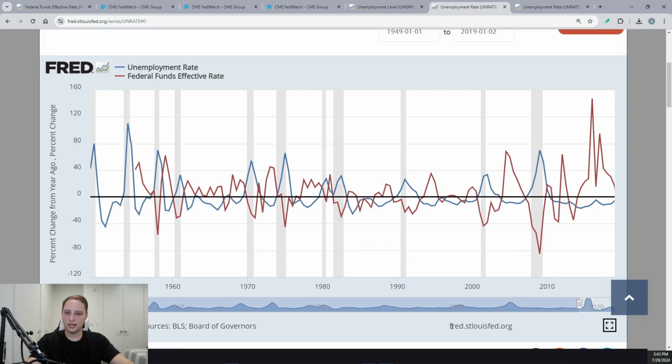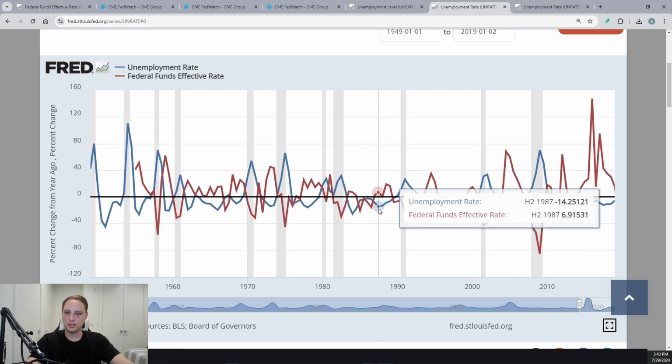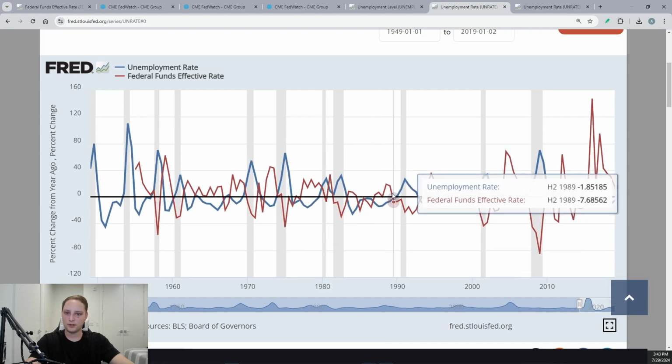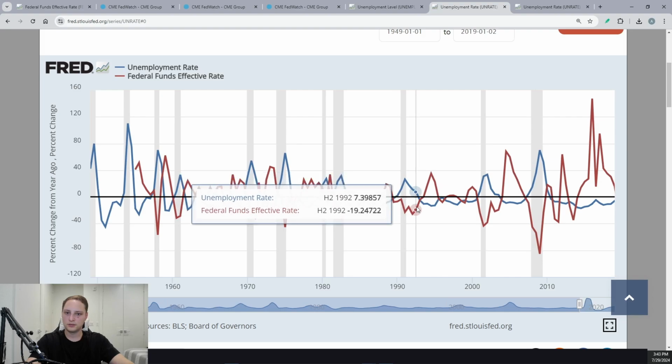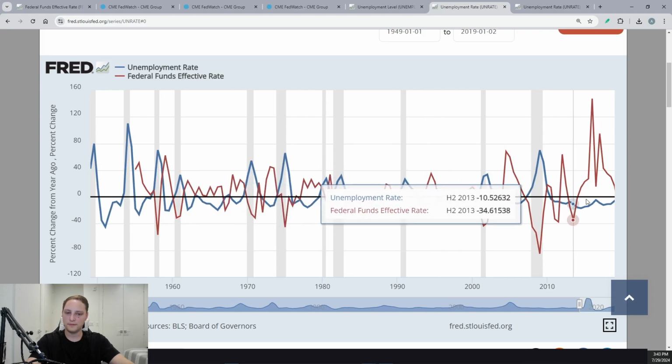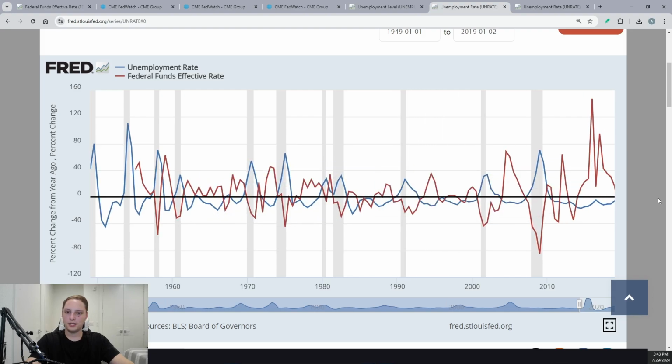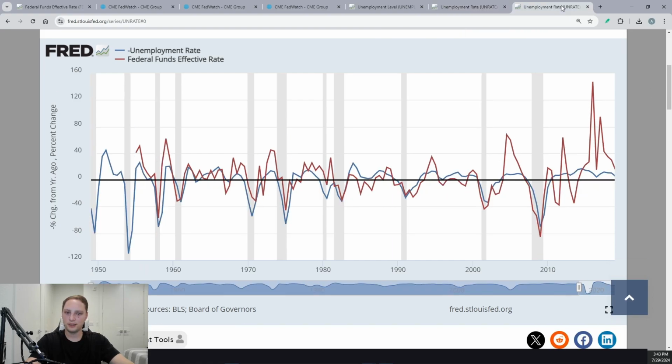But as you can see again, it has an inverse relationship. As one goes up, the other goes down. We can really show this if we flip the blue line on top of the red line, shown here, and it almost has a direct similarity in the general direction.